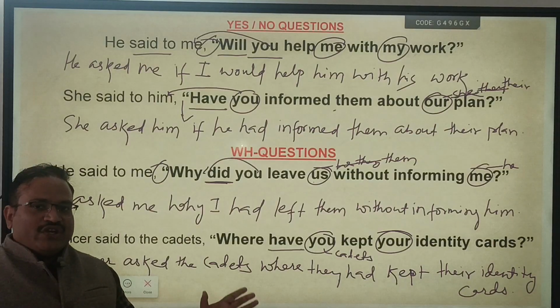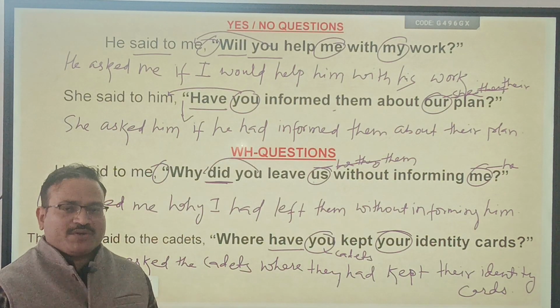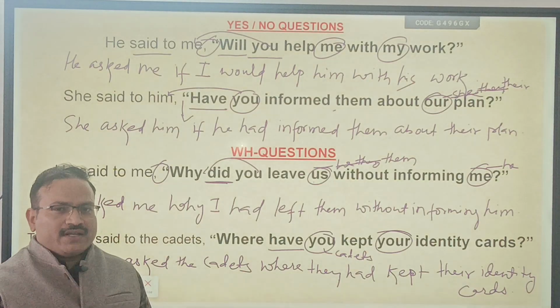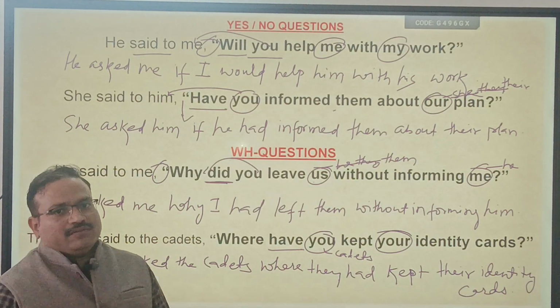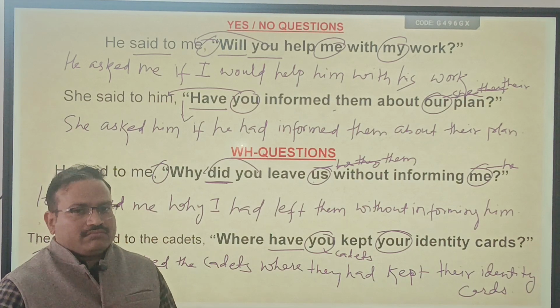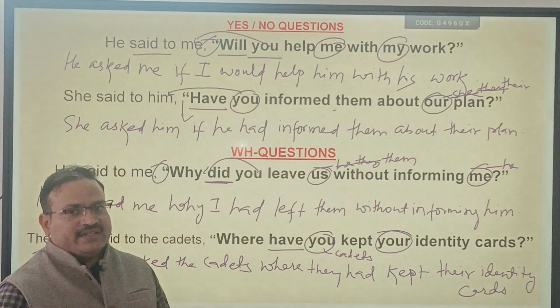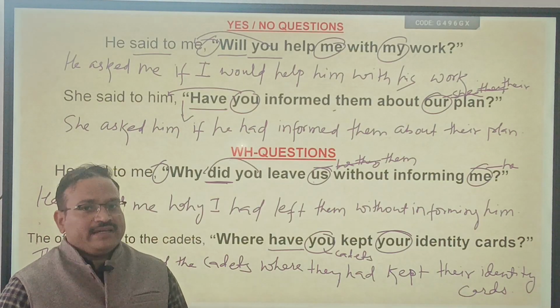So this is how we change different types of sentences into indirect speech. By and large, we have covered most of the part of narration, and this is the last class. With this, we are concluding this topic, narration.